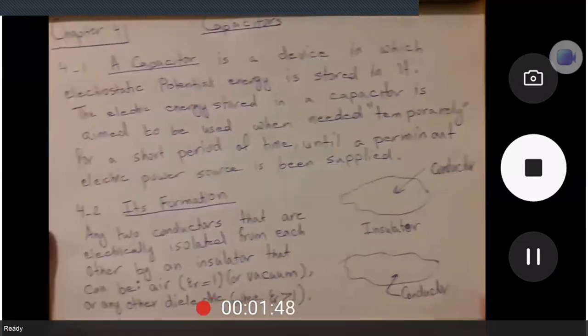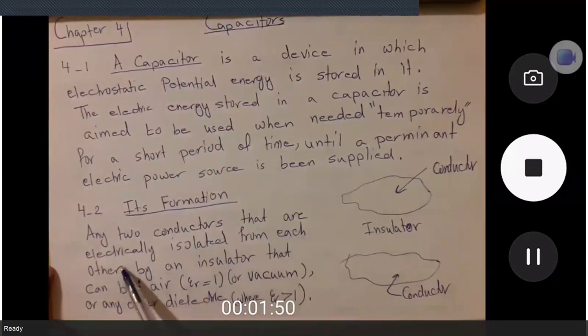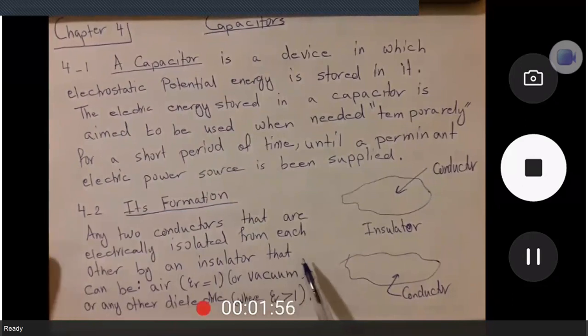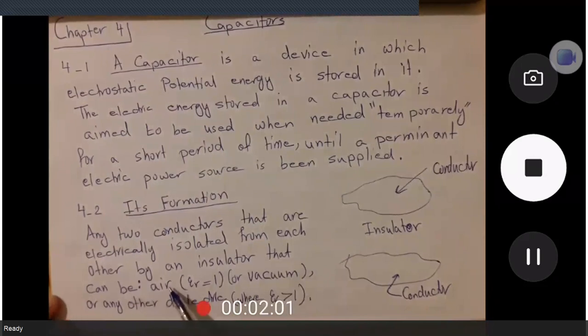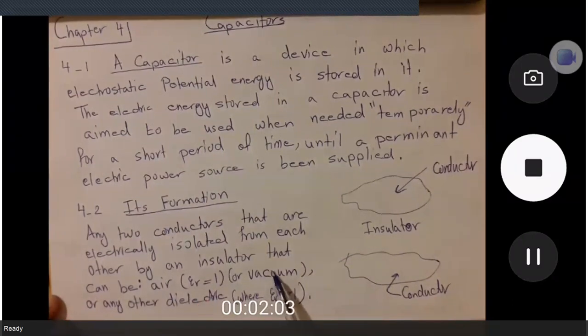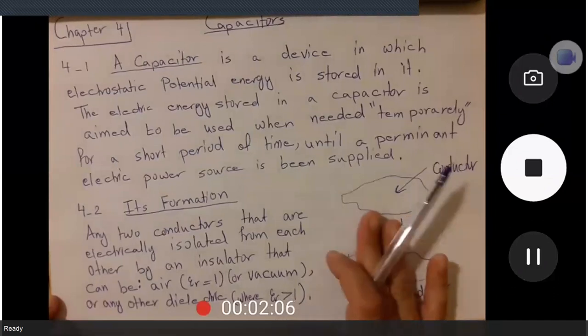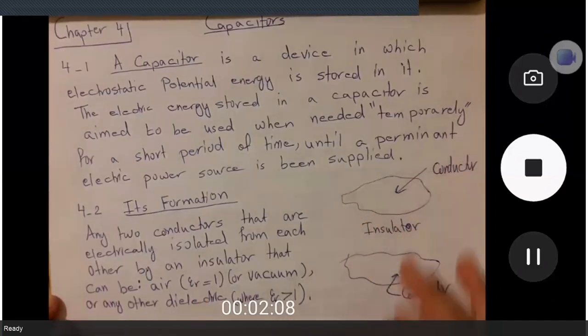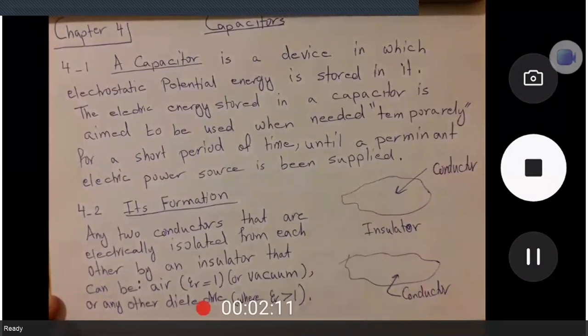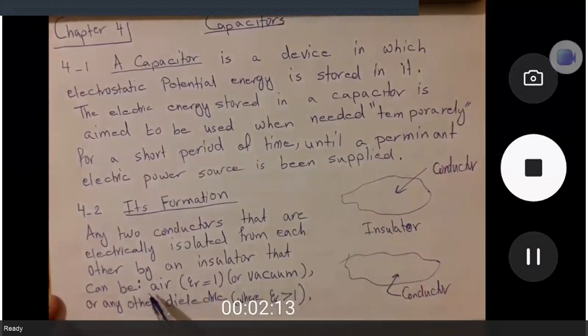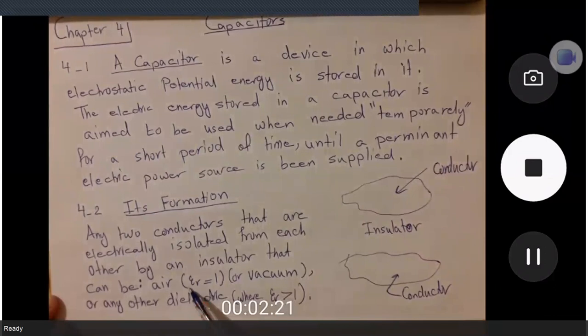So any two conductors that are electrically isolated from each other by an insulating material, which can be air or vacuum. Then we don't put anything between them, just a conductor, a conductor and a distance between them, meaning they are at a distance from each other. Okay, and the air or vacuum is an insulating material, characterized by epsilon r, which we talked about before, the relative permittivity.